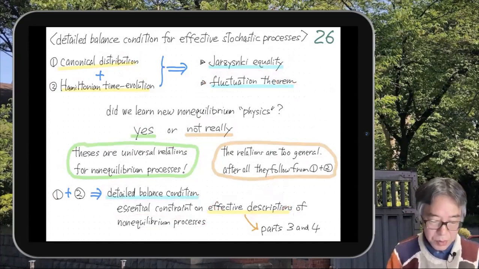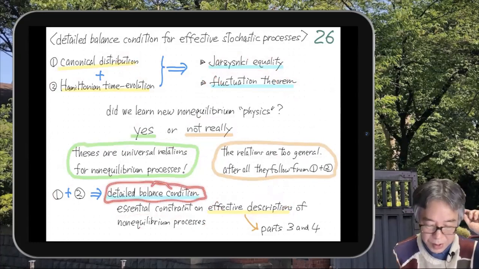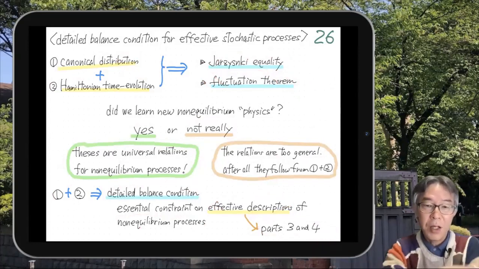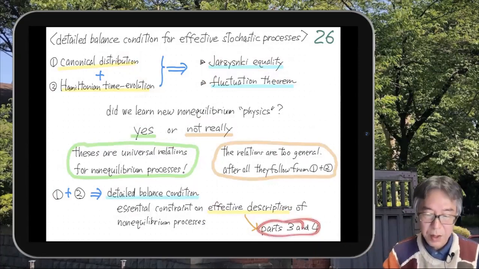Okay, so these were sort of goals, but this won't be a goal. This will be the basis of our new approach, which we discuss in parts 3 and 4. So in that sense, this part is really a foundation for our further study.